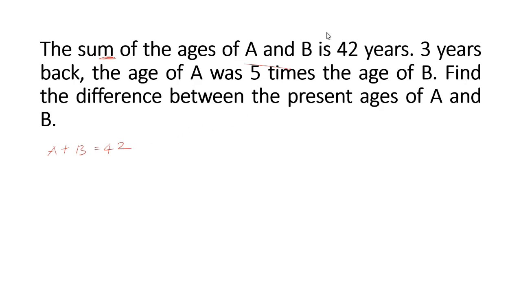Then 3 years back, the age of A was 5 times the age of B. So let us consider this as equation 1, and A minus 3 is equal to 5B minus 15. A minus 5B is equal to minus 12.